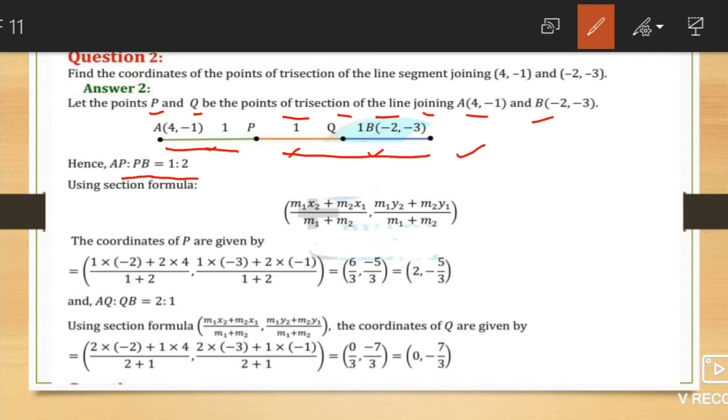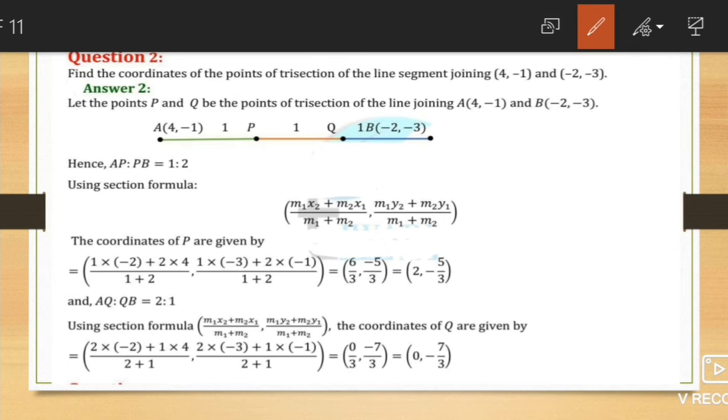So now m1 is to m2 is 1:2. The coordinates of A and B are given, so I am using the section formula here. If you use the section formula, the coordinates of P will be (6/3, -5/3), or (2, -5/3).